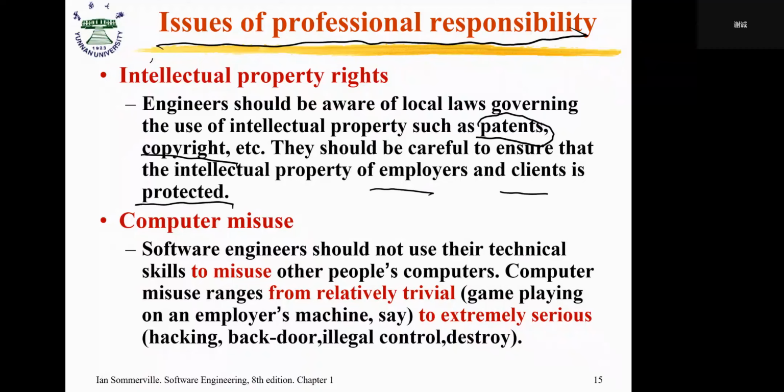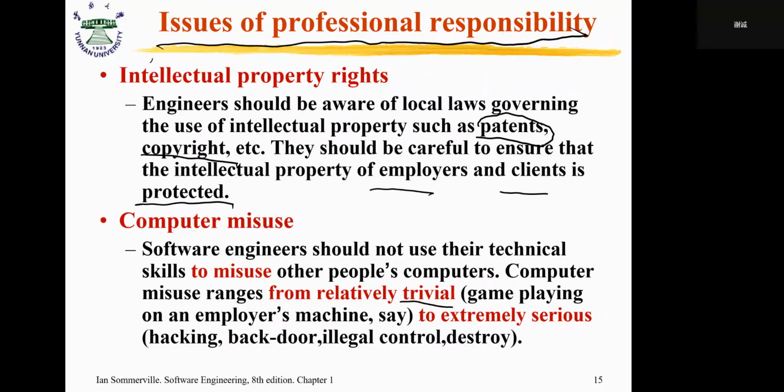This misuse ranges from relatively trivial ones, like your client maybe buys a very powerful computer, a very powerful server, like Huawei Cloud. Then you use this server to do other things, like mining Bitcoin using the client's computer. No, you cannot do that.